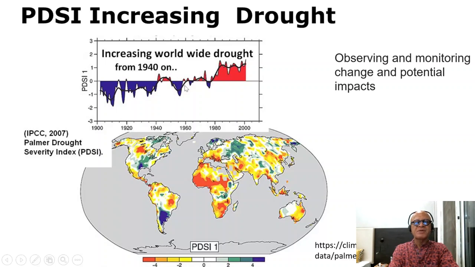There was some up and down here, but especially since the 1980s, PDSI has remained positive as a whole. Of course, as we said, drought is very local as well, but nonetheless, overall, there is a desiccation of the planet in terms of the Palmer Drought Severity Index.